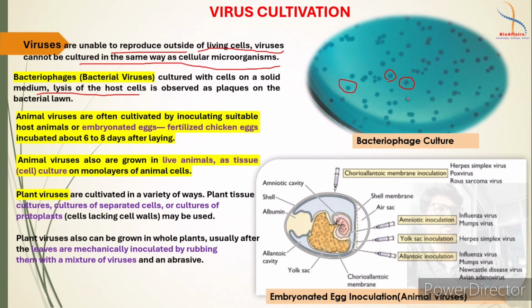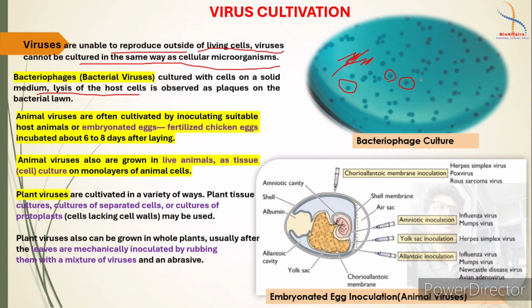Those hazy or cloudy zones are full of bacteria, a bacterial lawn you can say, and in these lawns the clear zones are devoid of any bacteria. That is called plaques, and this kind of plaque is also seen in tissues or cells in humans or animals due to viral infection, animal virus infection.